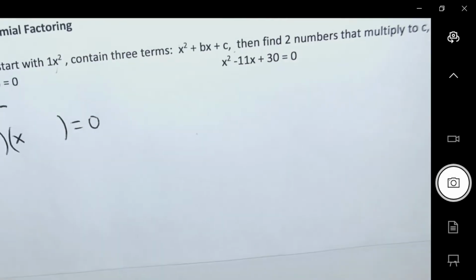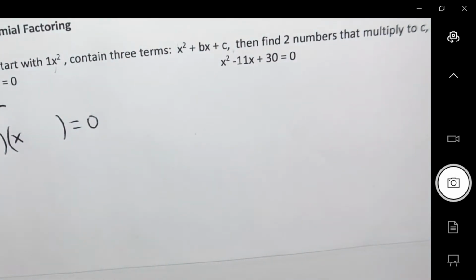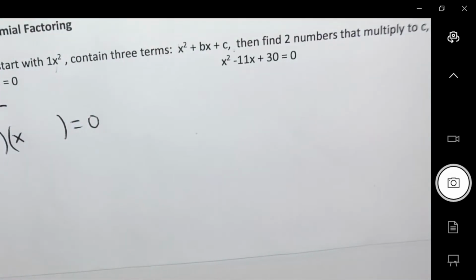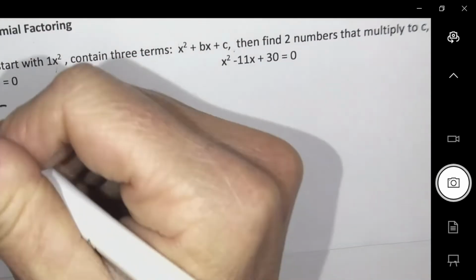X times x. L is where I look next and I say what times what makes 15, so I have 1 and 15, 5 and 3. But the combo has to add to a 2, 5 and 3, and because this is a negative 15, there will be 1 negative, 1 positive.